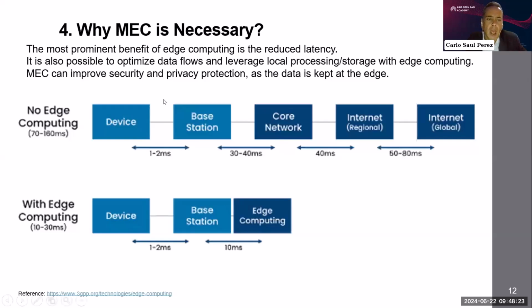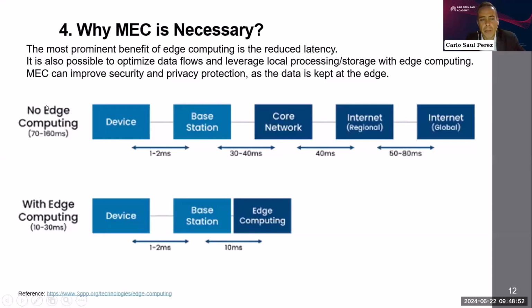For example, without edge computing, we have devices and a base station with a very low latency, but we need to connect with the core, so we spend more time over there. We still need to connect to the regional connection of the internet, 40 more milliseconds, and then we have to connect with the global internet.